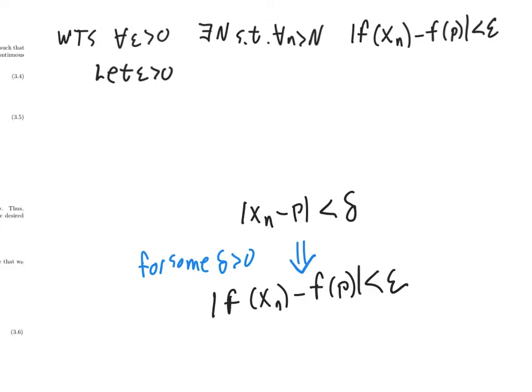But I know that x_n converges to p. So this follows whenever little n is bigger than big N for some big N. Oh, neat. So this is actually the proof. I need to come up with a choice of delta using the continuity of f. Then I need to use the fact that x_n converges to p to come up with a choice of big N. Then I'll suppose that little n is bigger than big N, and I'll follow these arrows. There's the proof. Let's just put it into words now.